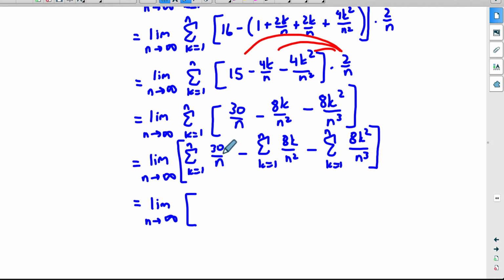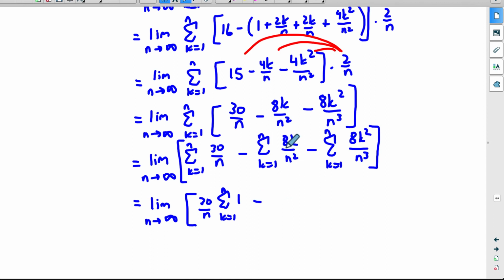Okay, now in each one, remember if we have a constant, we can move it in front of the sigma notation. So 30 is definitely a constant, and actually the n's are constants as well. So you can move both those things in front of the sigma sign. And then the only thing left here would be 1.